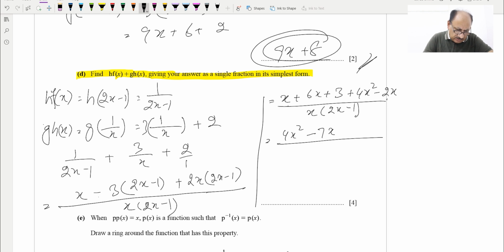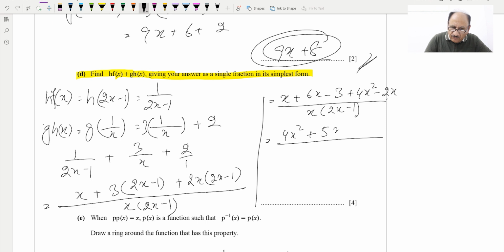We have made a mistake, this should be plus 6 because we are adding, so 6 plus 1 is 7, 7 minus 2 will be 5, so it will be plus 5x here. And then the 3 should be minus 3, I will rewrite this properly.